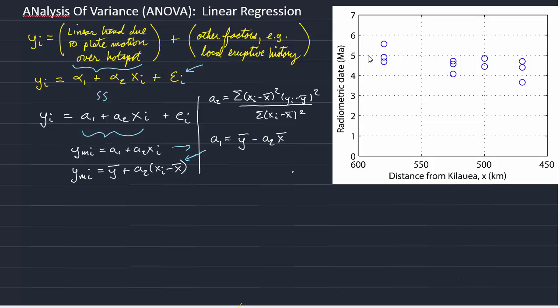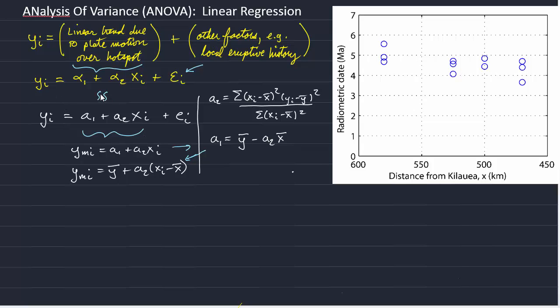And in addition, there was some dispersion or variance about that line trend due to other factors. We called that noise, and that noise could encompass, for example, local eruptive histories of the individual volcanoes. It's the other part that's not explained by the linear trend.